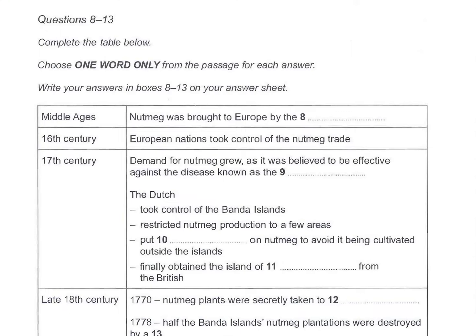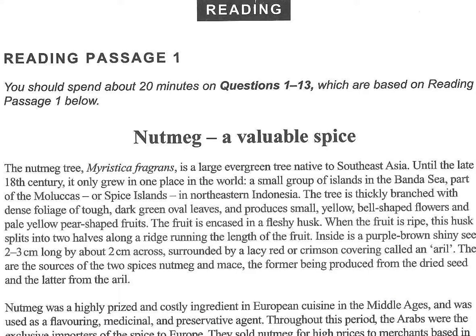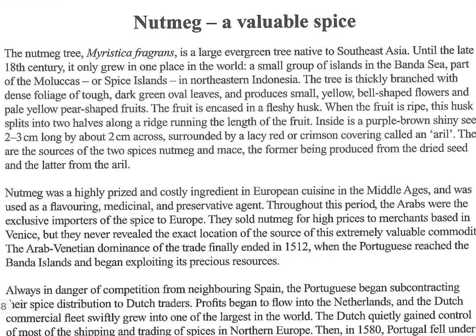Let's look at question number 8. Now I will highlight the keywords: Middle Ages, nutmeg, brought to Europe. Now read the passage. Remember, in my second video, when I solved question number 5, there was information about Middle Age. Hence, we will start from the second paragraph. Look at the sentence.